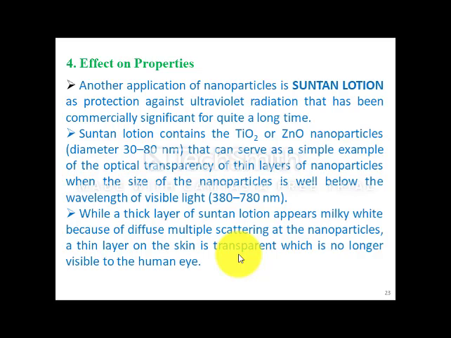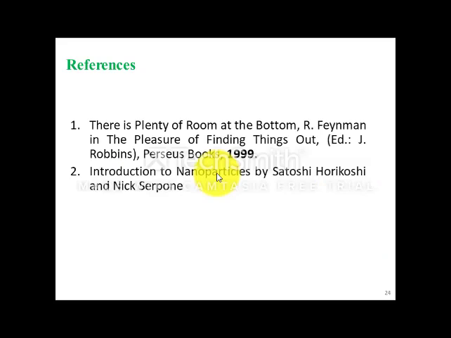We just apply this layer on our skin, and it is invisible, no one can see it, but it will protect us from sunlight and ultraviolet radiation. So this is all about this lecture, effect of length scale on properties.